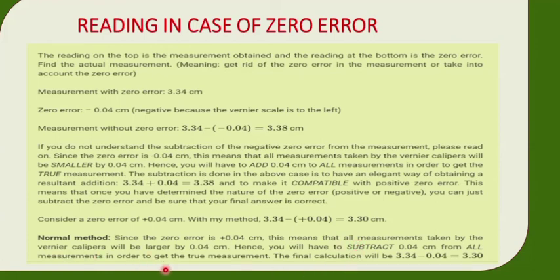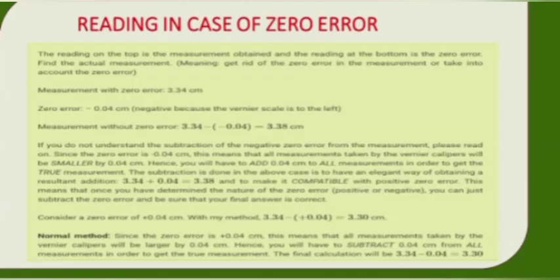Since the zero error is positive, this means that all measurements taken by the vernier caliper will be larger by 0.04 centimeter. Hence you will have to subtract 0.04 centimeter from all measurements in order to get the true measurement. The final calculation in case of positive zero error will be 3.34 minus 0.04 equal to 3.30.